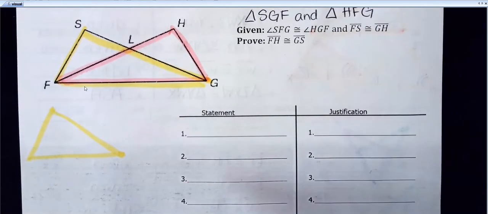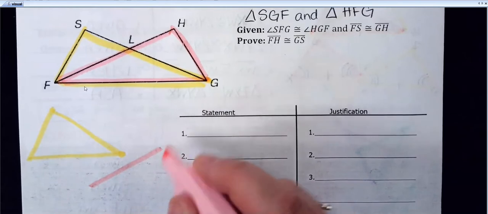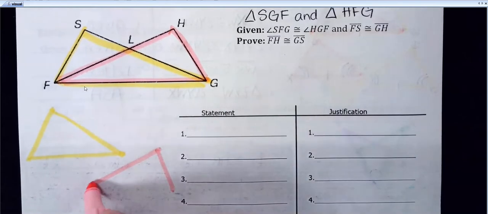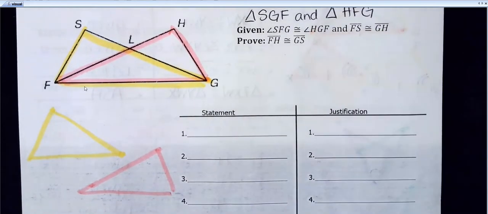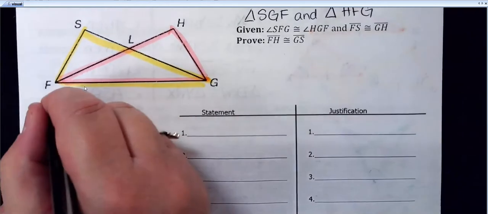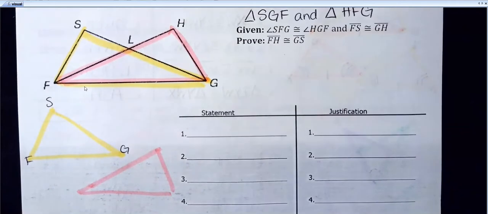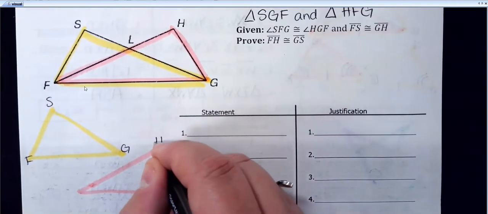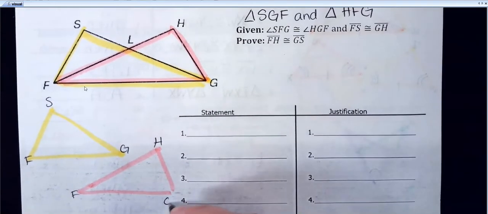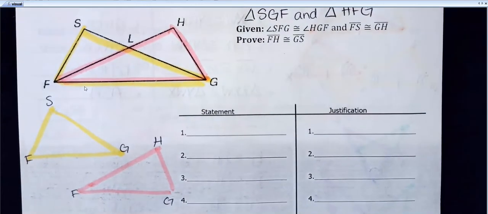And again, I'm just separating and redrawing to help me see these a little bit better. So I colored my yellow one for SGF, and I colored the other one, which was HFG, in pink. And again, they're going to be real specific about the angles, because in the original diagram I'm not going to know what angle you're talking about if you just say angle F or angle G, because there are multiple lines.